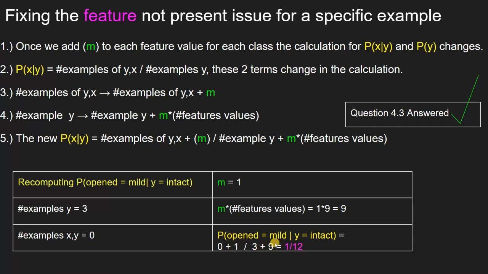And so this is the new probability of open equal to mild given y equal to intact, and you can see it's non-zero now, and that fixes our issue. And that's an example of recomputing the probability of x given y after we added m for each feature value for each class. And this should answer question 4.3.